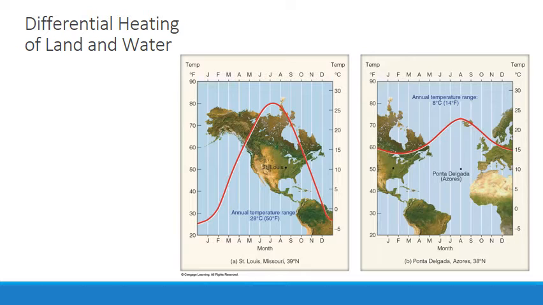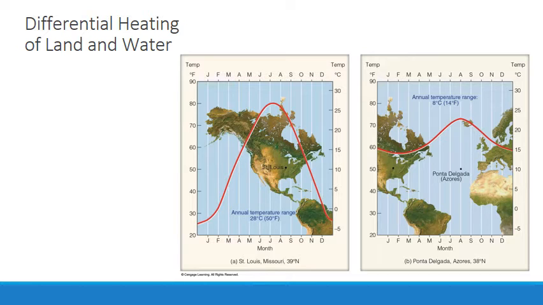Over on the Azores, which isn't exactly in the middle, but is completely surrounded by the Atlantic Ocean, we can see a very mild winter, right? It gets into the high 50s maybe, and only the mid 70s during the summer. So nowhere near as hot as St. Louis in the middle of the summer, and nowhere near as cold.